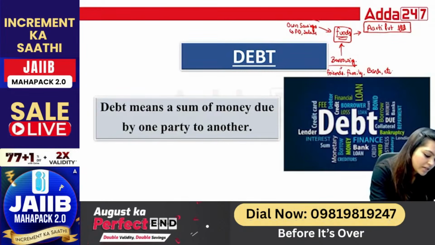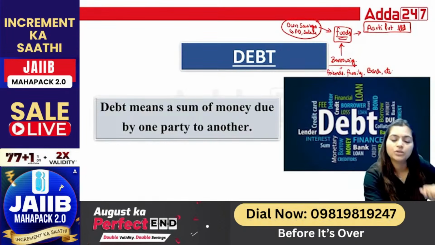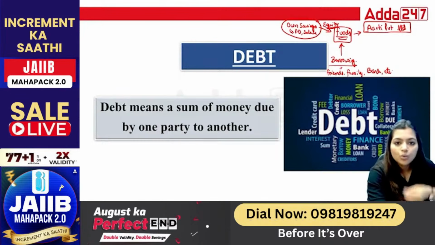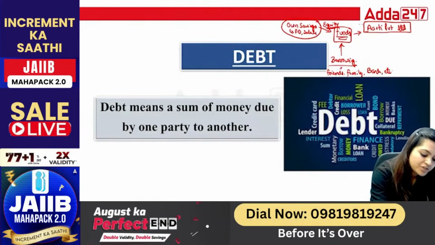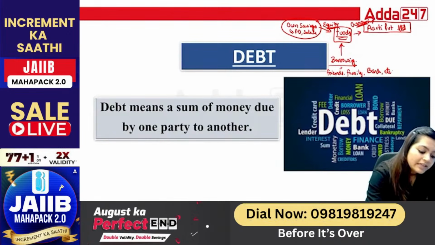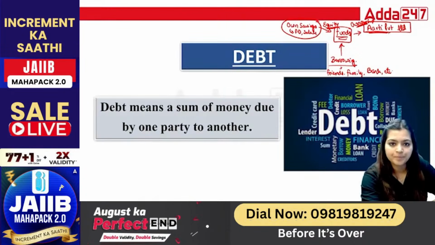So this own savings, when I'm investing my own amount, that is your equity. Because as an owner, when I'm having the ownership, whatever amount I'm bringing, that is equity.